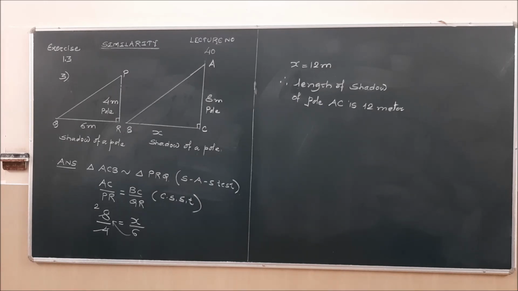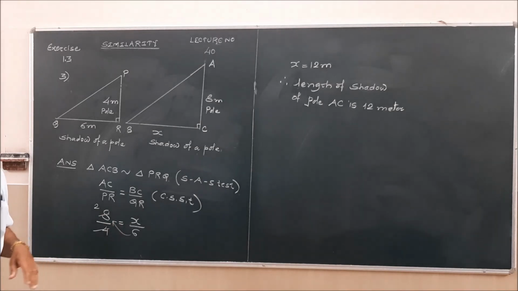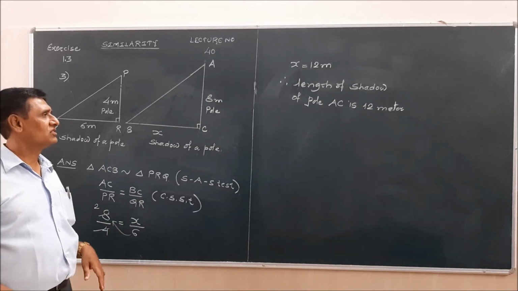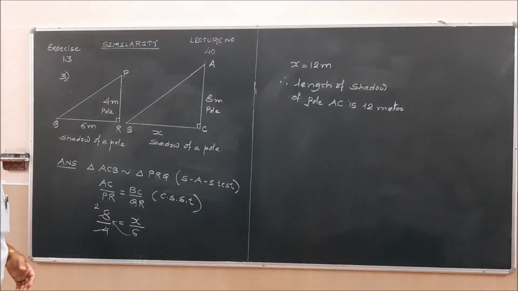I think we can even finish the fourth question, but I will not go for it, because it is a little bit complicated figure and lots of explanation is required. If I do not give you a proper explanation, you may not understand it. So that's all.